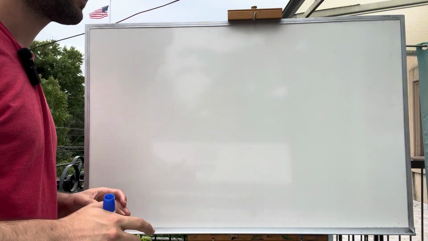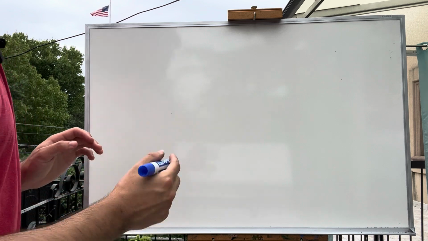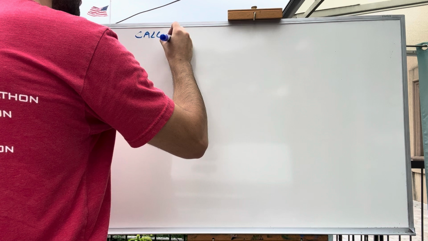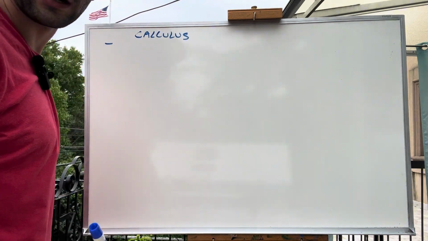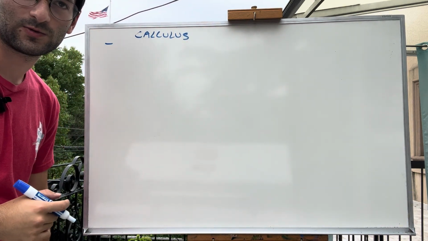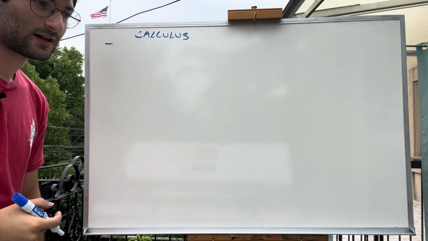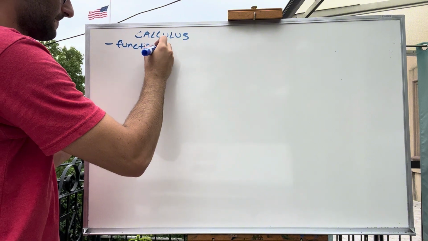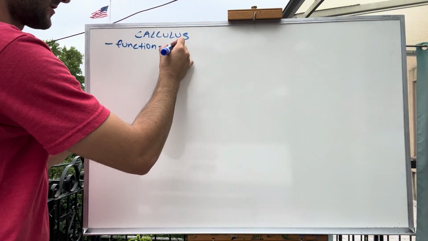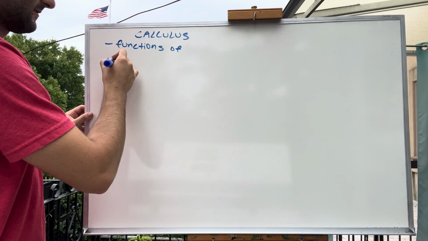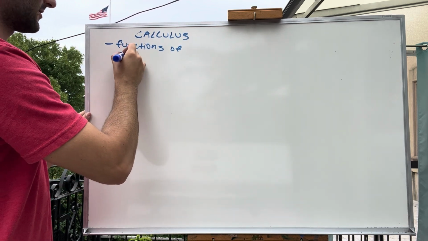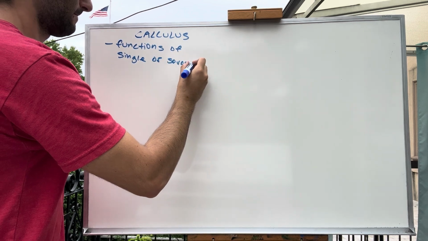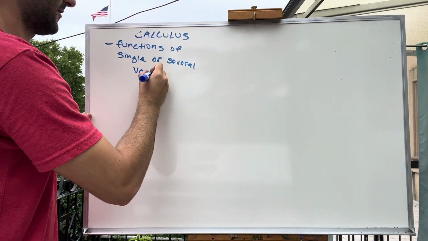And before we do so, let's review ordinary calculus. Within ordinary calculus, we're used to working with and manipulating functions. And these functions are of variables, whether single or several variables.